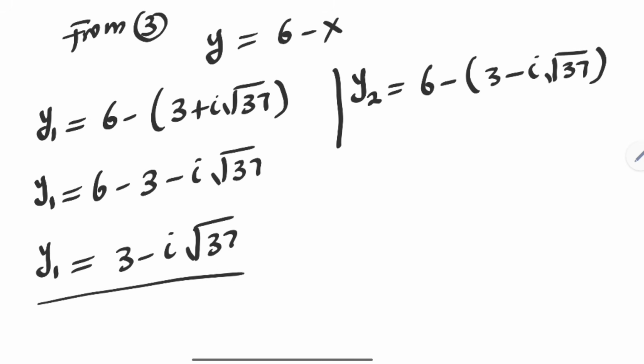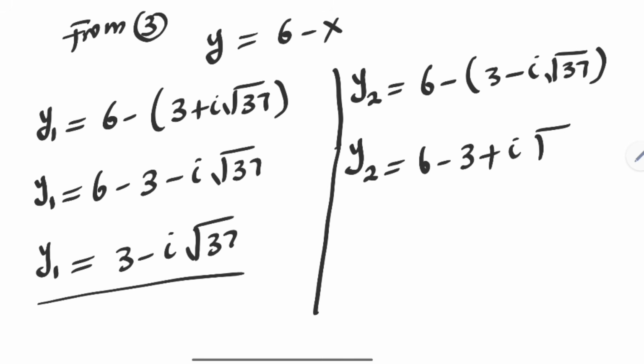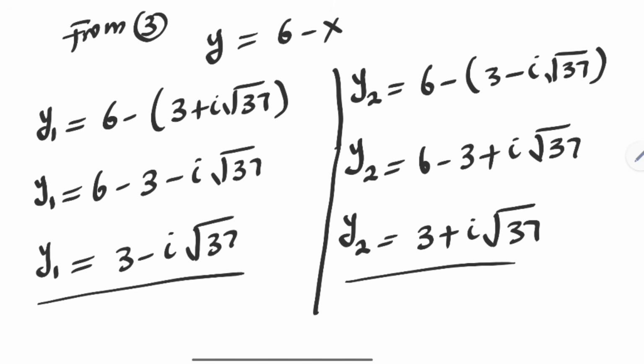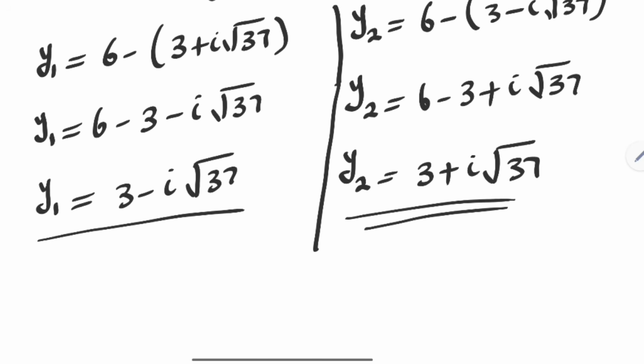This is the value of y1. y2 is equal to 6 minus 3 minus i square root of 37, so y2 is equal to 6 minus 3. This is 3 plus i square root of 37. This is the value of y2.